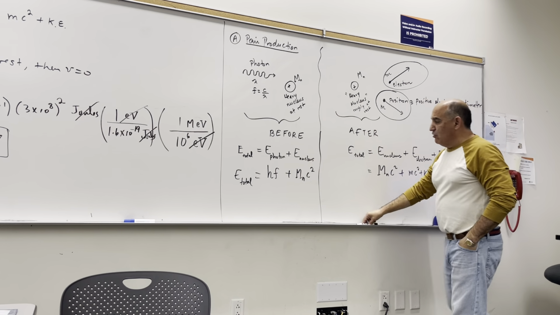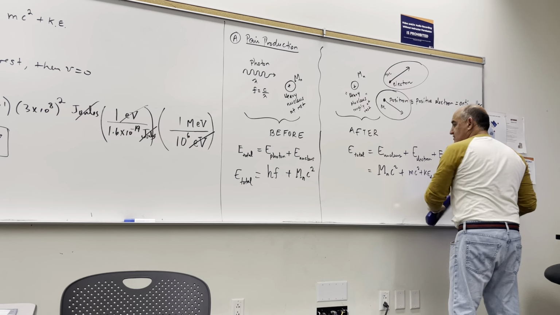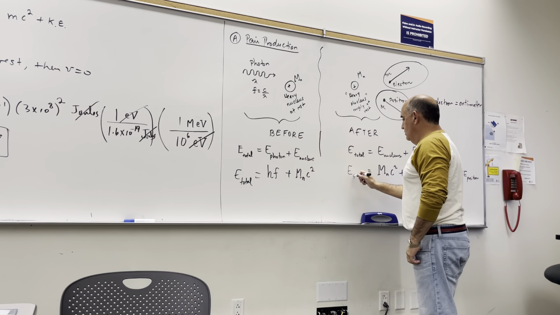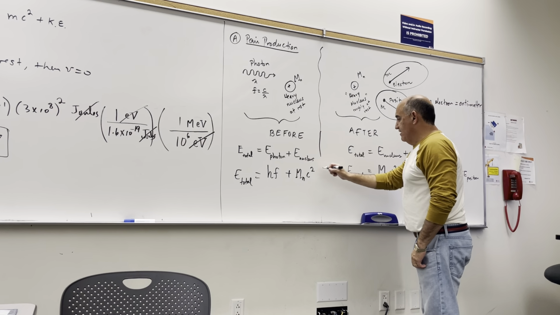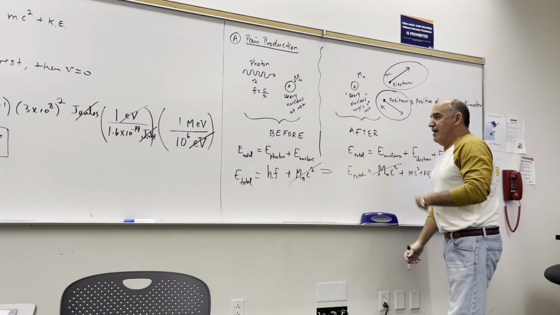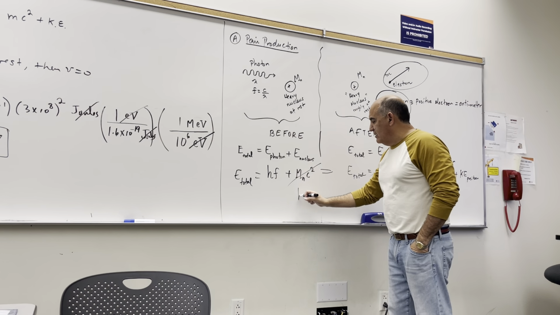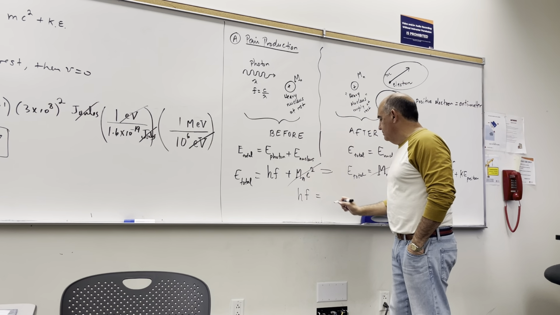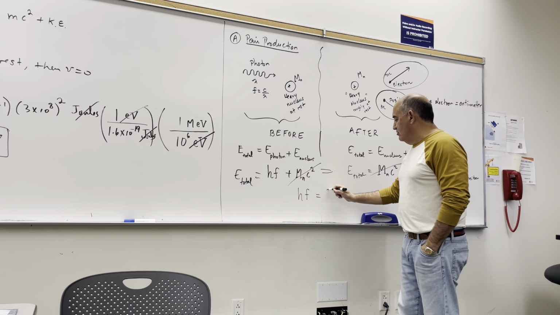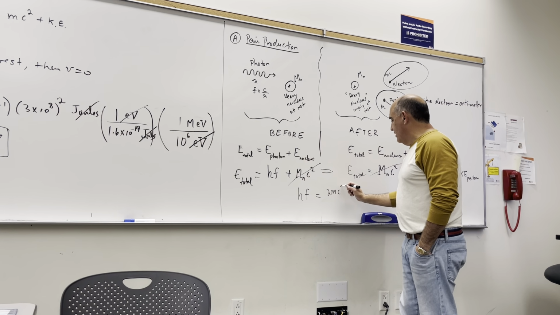And notice that if I equate these two energies from just conservation of total energy, then the energy of the nucleus goes out. And then I have a relationship between the energy of the incoming photon and the rest energies of the electron and positron.